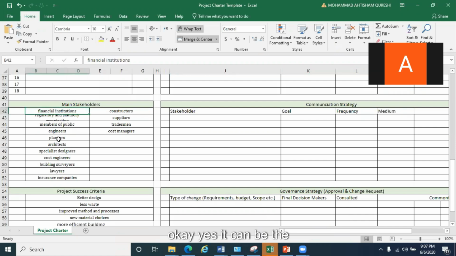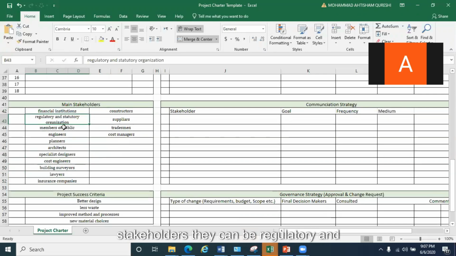It can be engineers, planners, architects, designers, suppliers, constructors, contractors, lawyers, sometimes insurance companies, surveyors, laborers, right? These are the main stakeholders. There can be regulatory and statutory organizations, the sanitary, the water and electricity organizations, right?